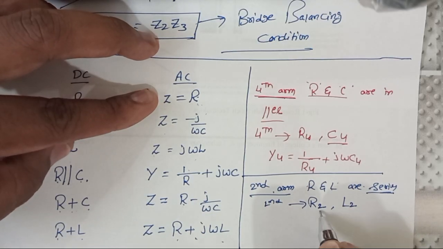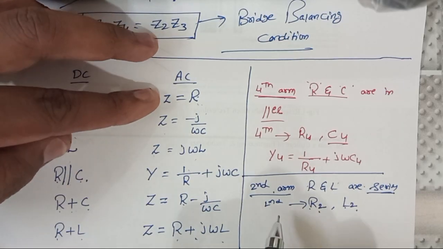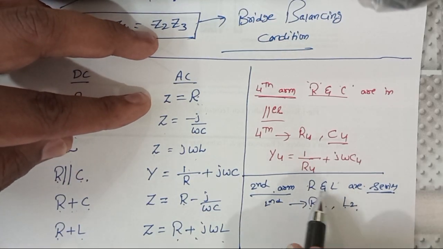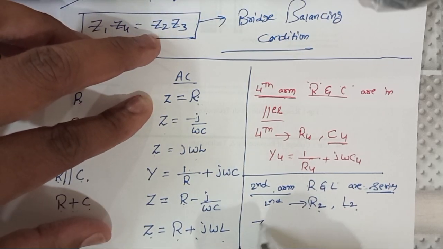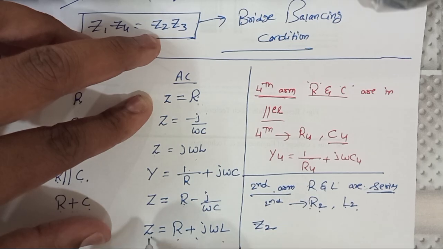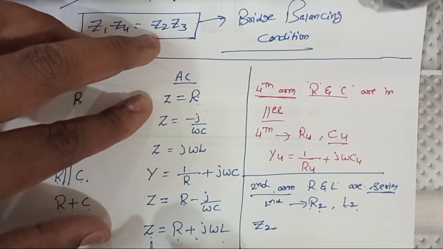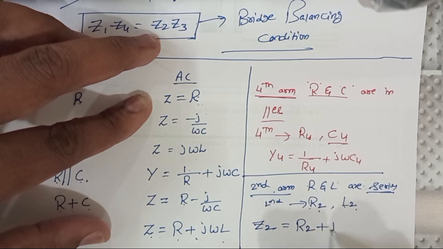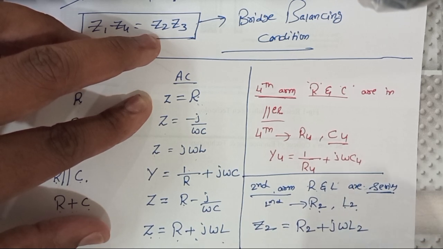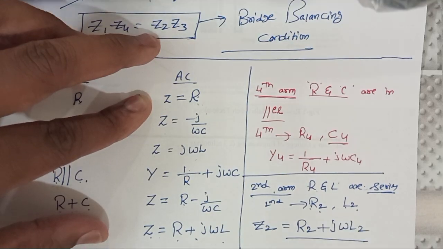R and L are in series, that means R plus L. So Z2 equals R2 plus j omega L2. Like this we have to represent.